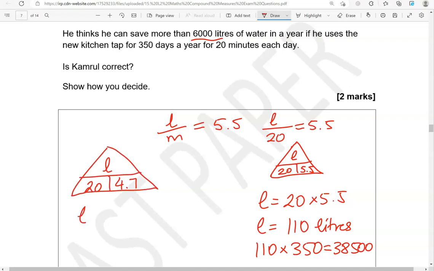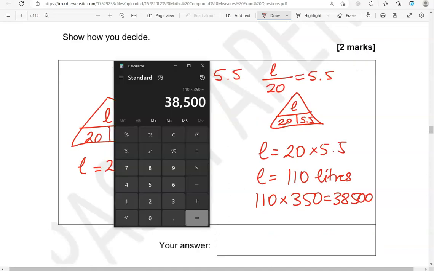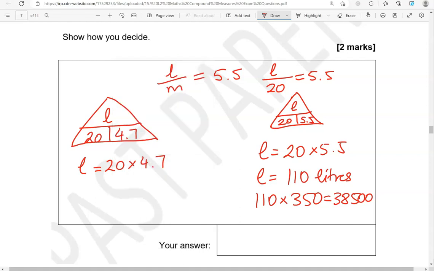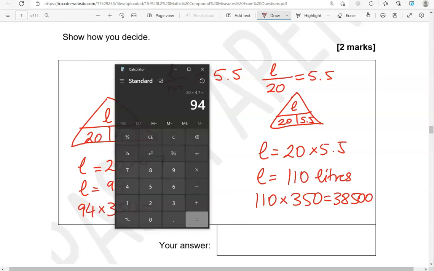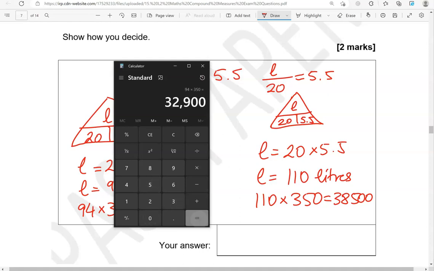So to work out L, we will do 20 times 4.7, which is 94. So that's the number of liters per day. Multiplying that by 350 should give us for the whole year, which is 32,900.